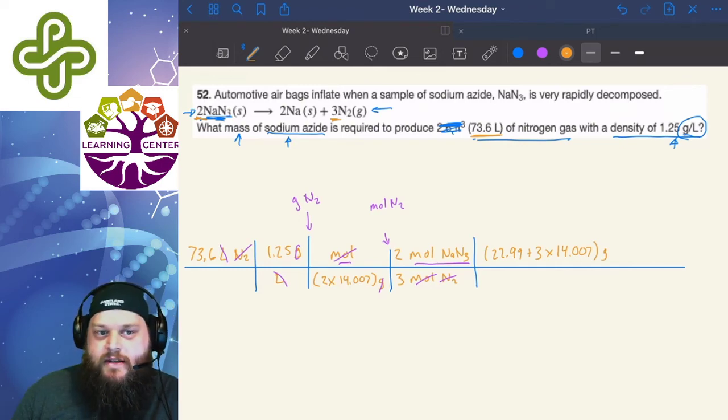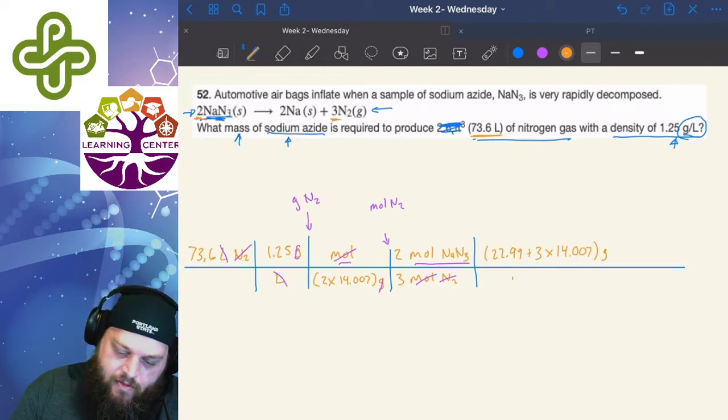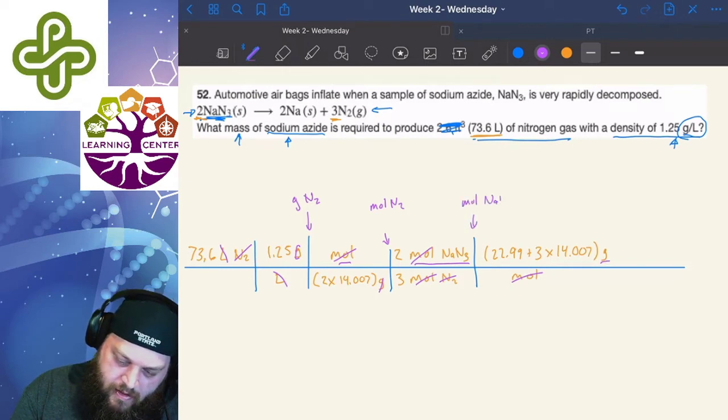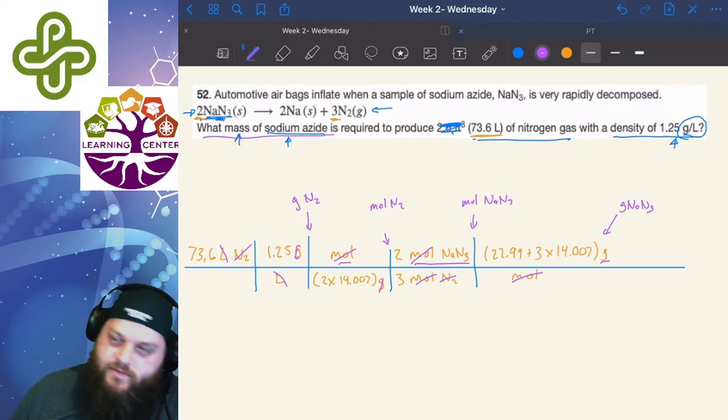We have to sum together all the molar mass of each atom within the compound to get the molar mass of everything. And it's per mole. So unit-wise, the moles cancel. We're left with grams. So at this point here, we had moles of NaN3, and over here, we're left with grams of NaN3. And that's what they're asking for. What is that mass of sodium azide?